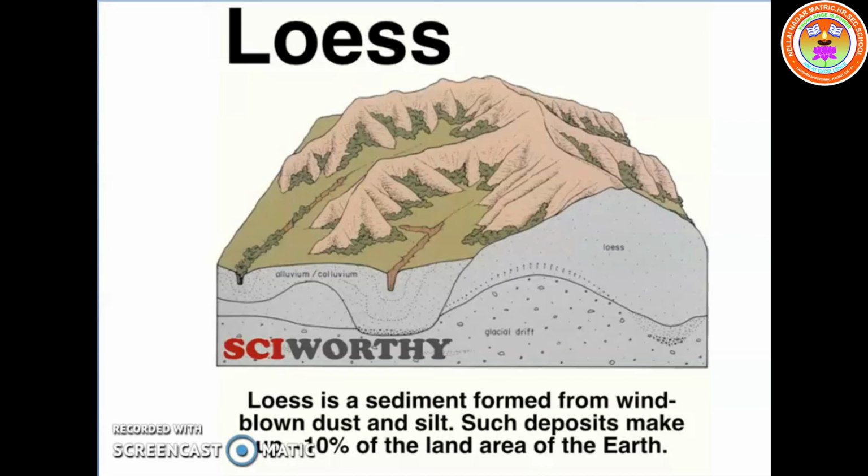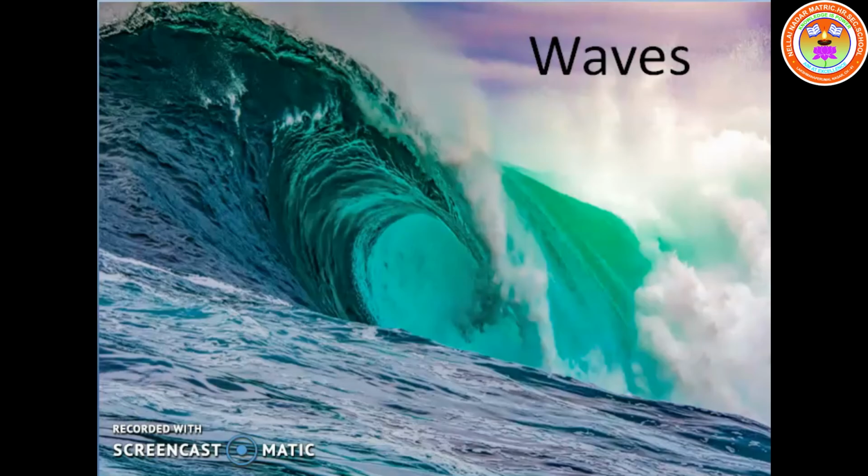Next one is the waves. A steady up and down movement of surface water is called waves. Sea waves are the most powerful agents of gradation. Their erosional, transportational and depositional processes are confined to a very narrow belt along the coastal areas.